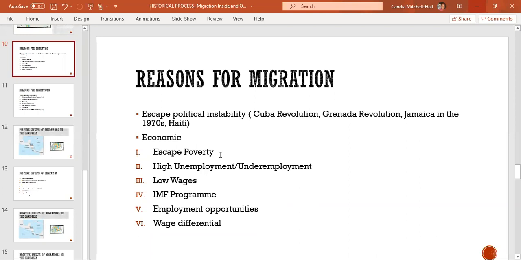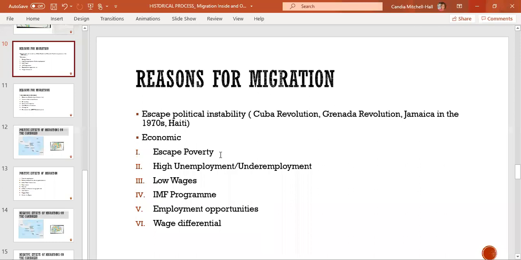Next, low wages. The salaries here are very low. Salaries in the Caribbean overall are very, very low. And so people are going to leave, especially when it comes to teachers and nurses. I don't know about the other professions, but I can talk about this: teachers, nurses, police, soldiers.